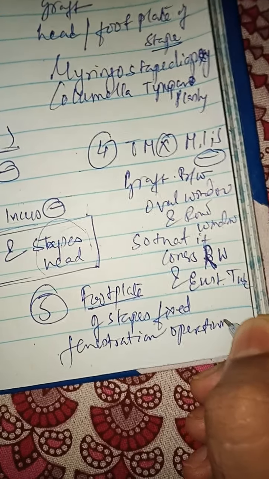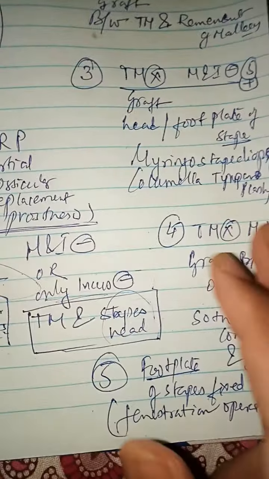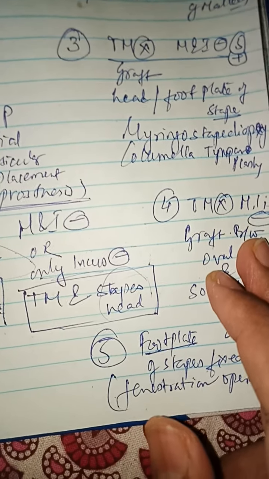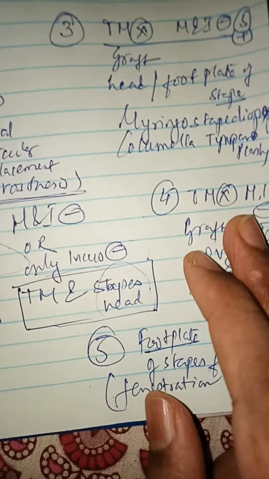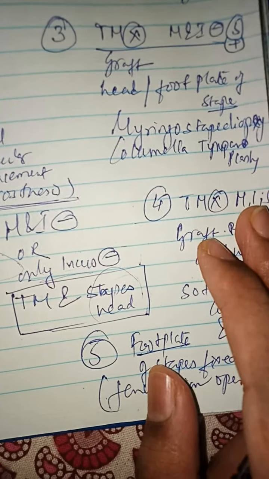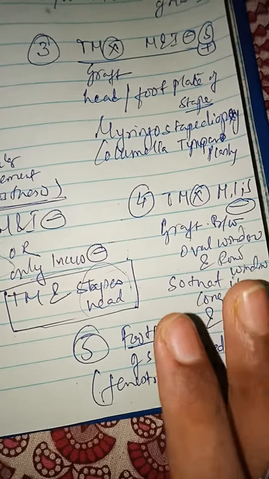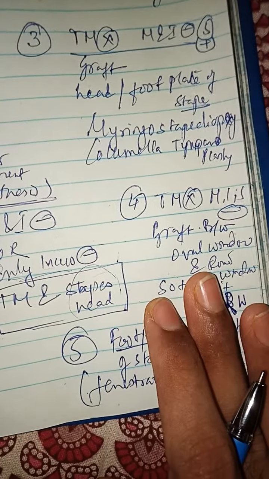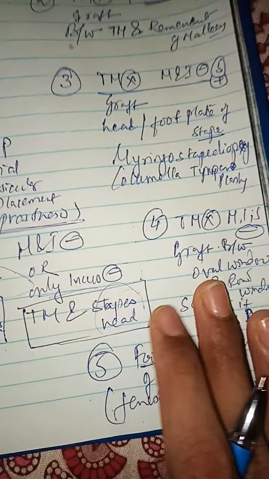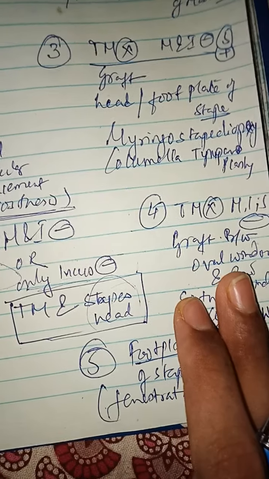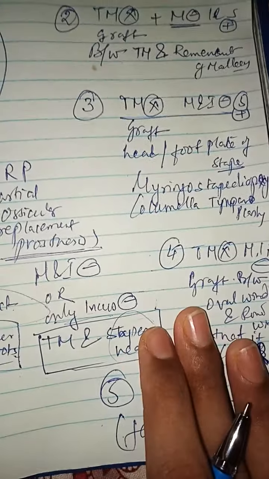So one fenestra should be drilled with the footplate of the stapes or with the lateral semicircular canal, the bulging of the lateral semicircular canal, but it is not done nowadays because it will cause a perilymph fistula and an iatrogenic positive fistula test.